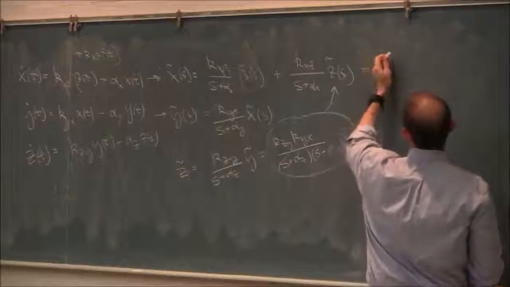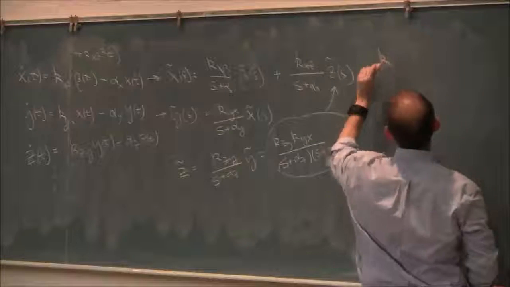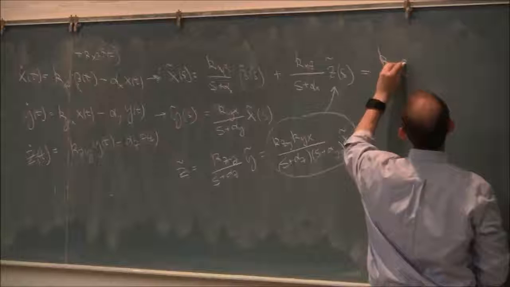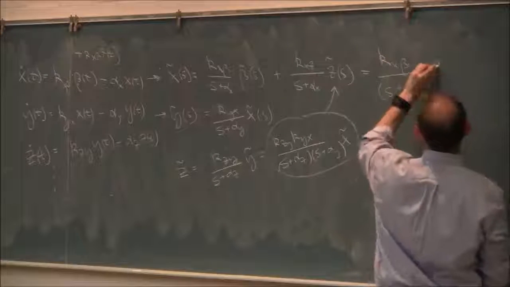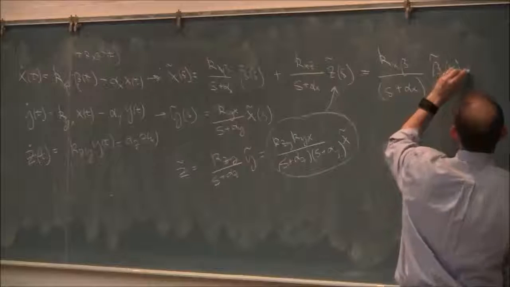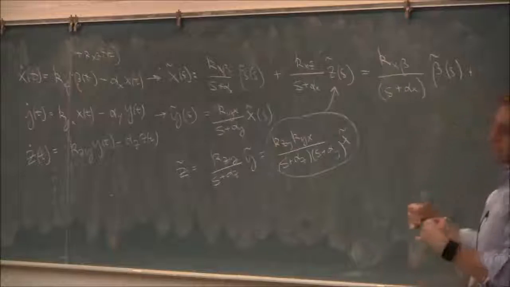So we get k_x beta over s plus alpha_x times beta, and then plus this new part that is the feedback.